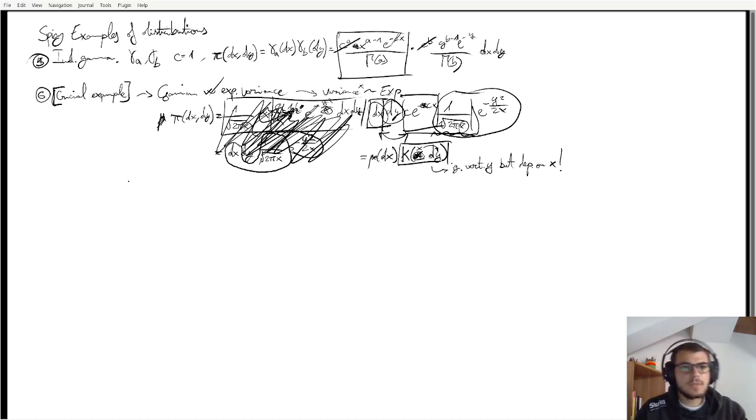And just to conclude this example, the marginal of y. So we derived the marginal of x, but if we want the marginal of y in this case, what is this thing?